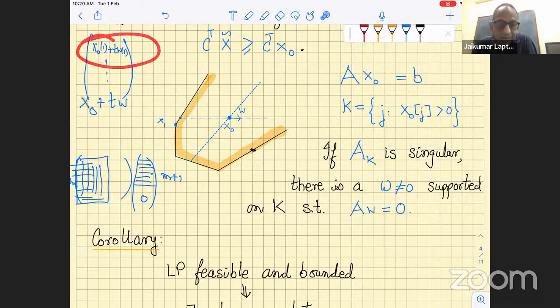If we don't, then the linear program was unbounded, because we could travel in W indefinitely without it becoming infeasible, and that will boost the objective function arbitrarily. So there must be a time at which we become infeasible, and that must be because some variable here is becoming negative. So we stop there and we get our contradiction.